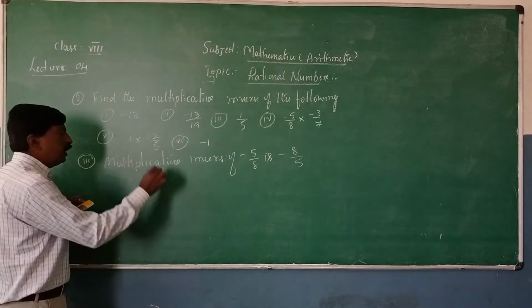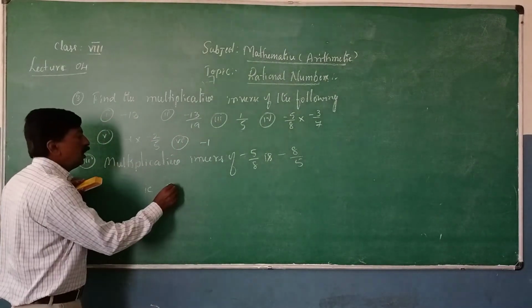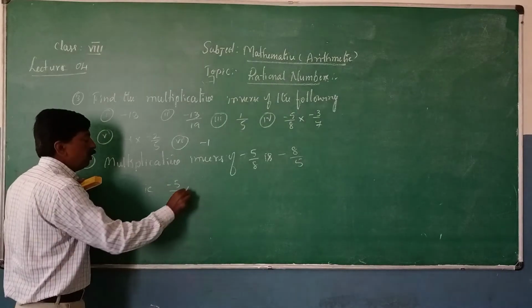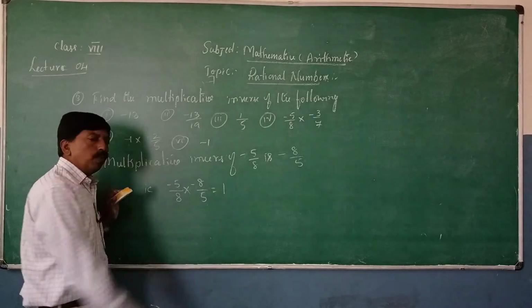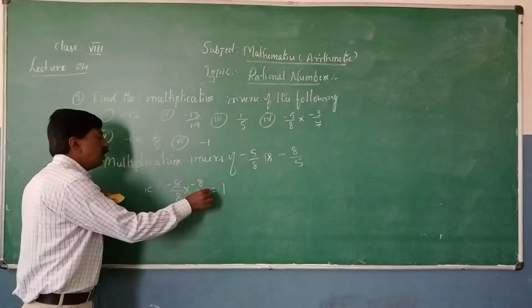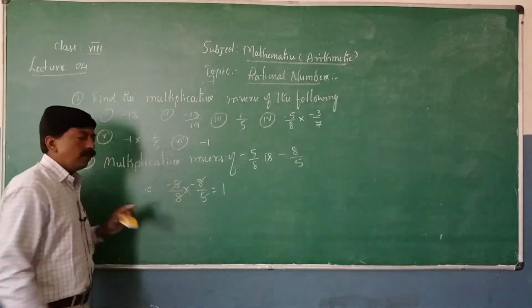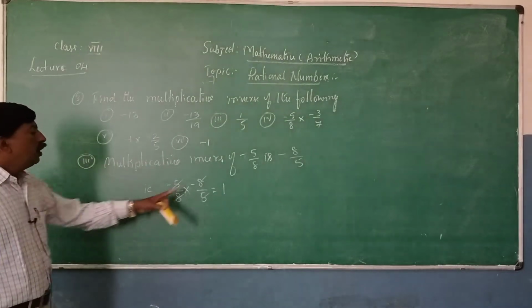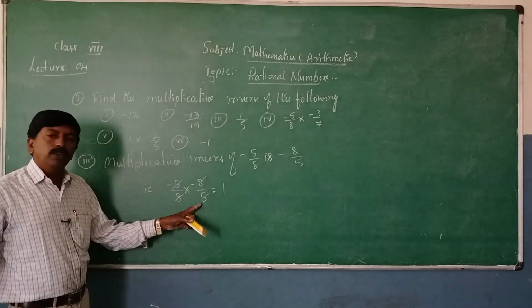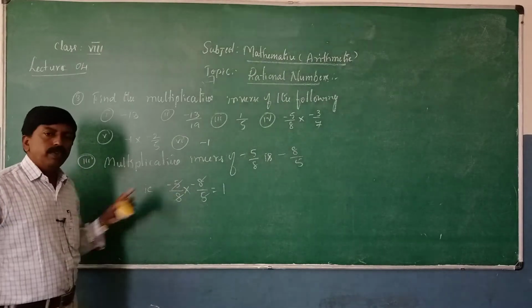How can you say that it is its inverse? Because minus 5 by 8 multiplied with minus 8 by 5, the result is 1. 5 ones are 5 ones are, 8 ones are 8 ones are. Minus into minus is plus, the result is 1. Therefore, minus 8 by 5 is the inverse of minus 5 by 8.